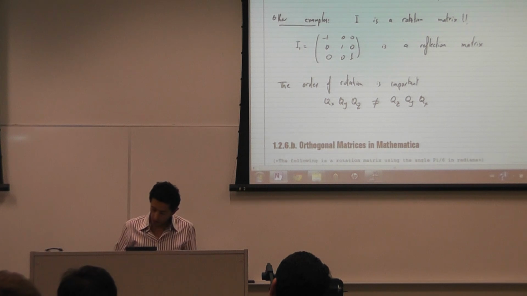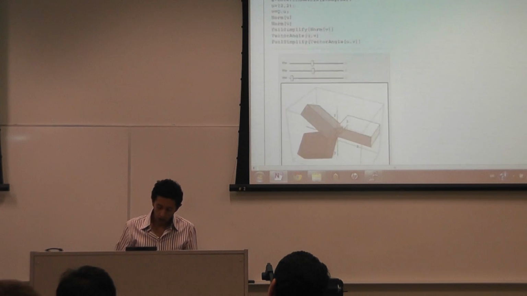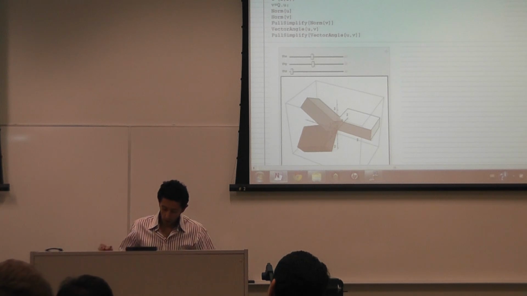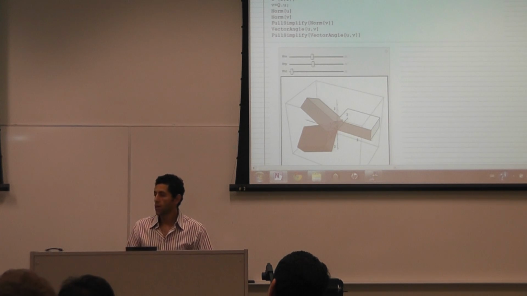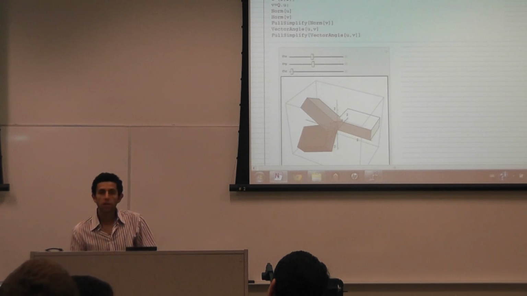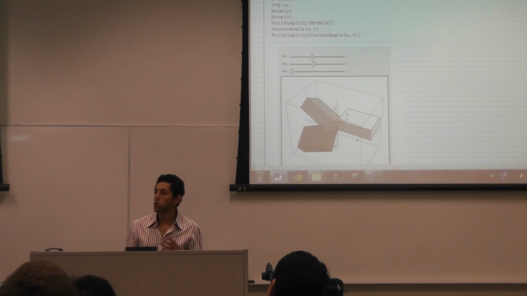So there are a few examples. You can copy and paste the code. For example, this code shows you that when you rotate an object around x and then rotate it around y and then rotate it around z with a certain angle, you don't get the same result if you use the same angles but in a different order.